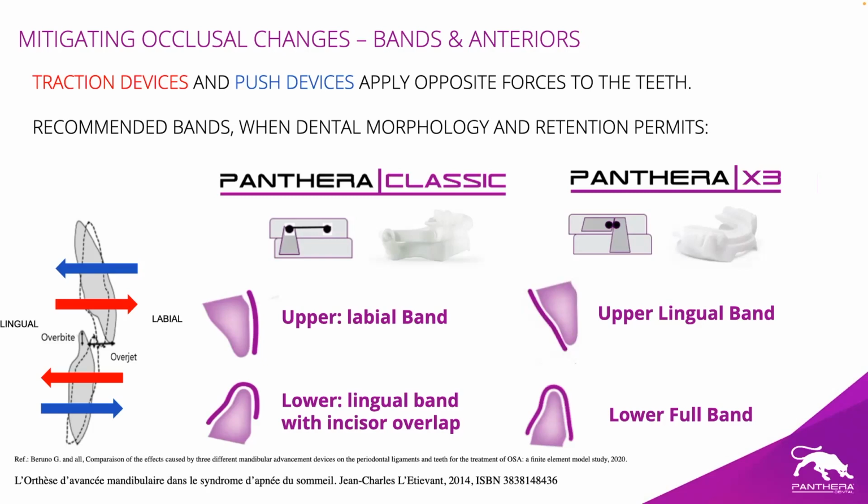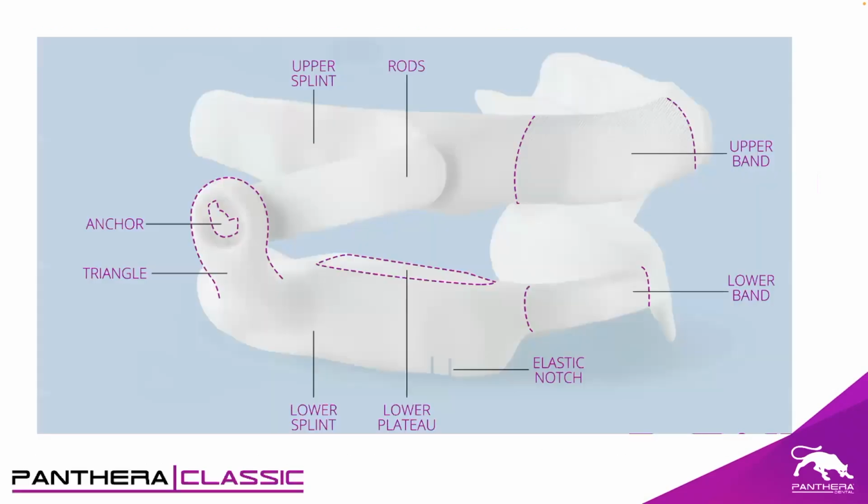So there are subtle nuances to these appliances, and there's a reason, a method to their madness to decrease tooth movement. And when we have decreased tooth movement, we're trying to decrease the side effects and increase the patient wearing this device. And if they're wearing it more without the side effects, they're seeing me less often.